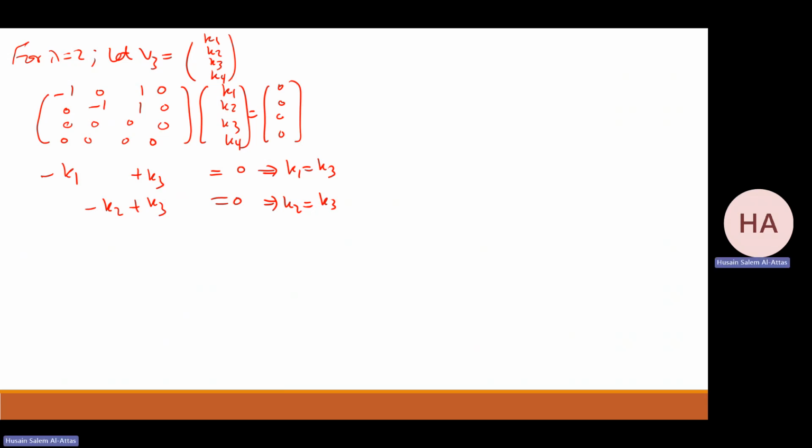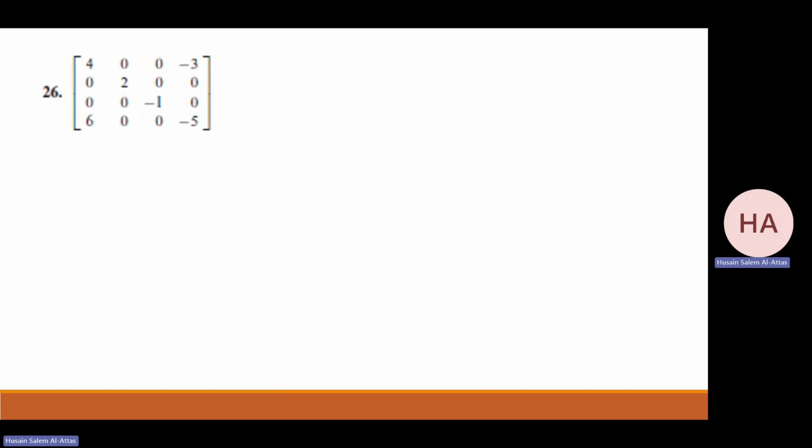Not only that, there's K4, no restriction on K4. So my free variables are K3 and K4. Since I have two, I'll do this trick: K3 equal 1, K4 equals 0, and K3 equals 0 and K4 equals 1.